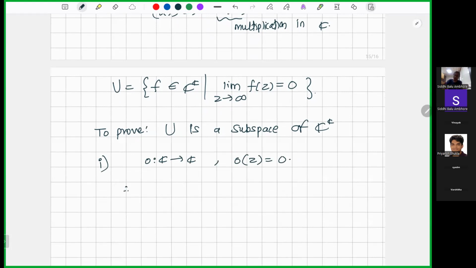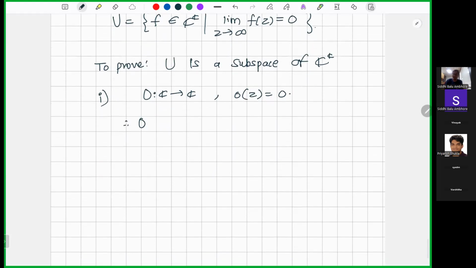Let us call this the zero function. We denote the zero function as 0 only. Let it be, it does not matter. This is a function from C to C such that every element is mapped to 0.